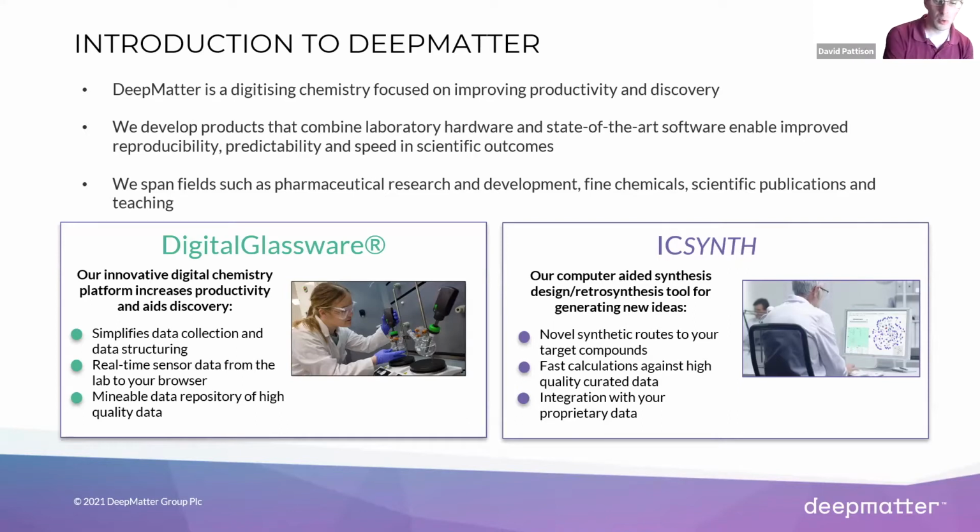So we focus on improving productivity throughout the discovery through to the process phases of chemistry with different tool sets along the way, helping our customers. We have a hardware platform, we have a software platform which is cloud-based, that's DigitalGlassware.